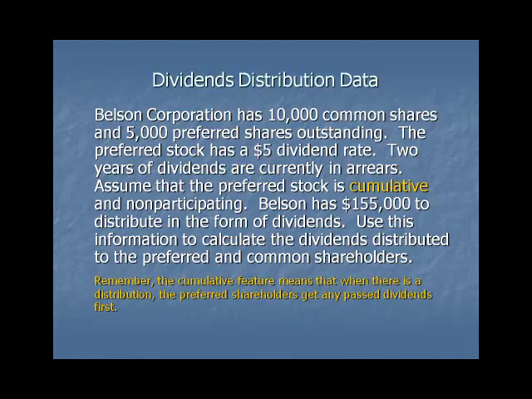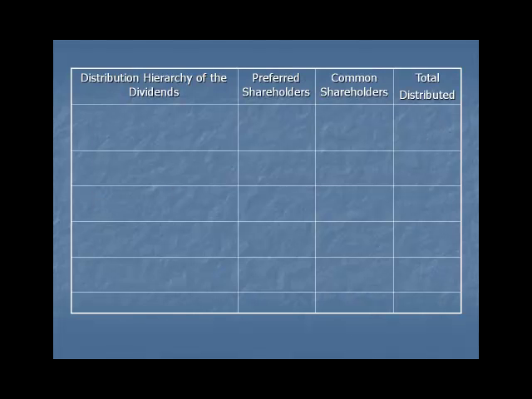And also remember that the cumulative feature means that when there is a distribution, the preferred shareholders get any past dividends first, so that they don't lose them unless the corporation never pays a dividend. As long as the corporation pays a dividend, they'll always pay the preferred shareholders their owed, or arreared, dividends.